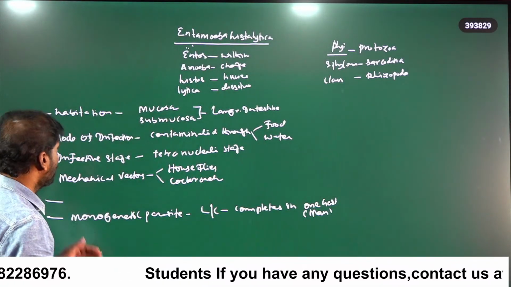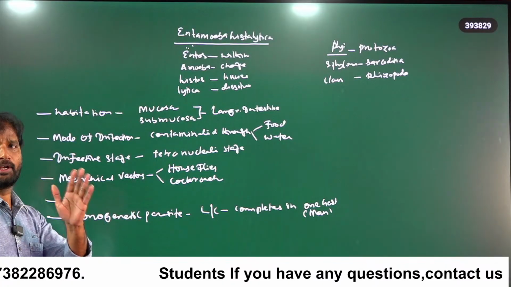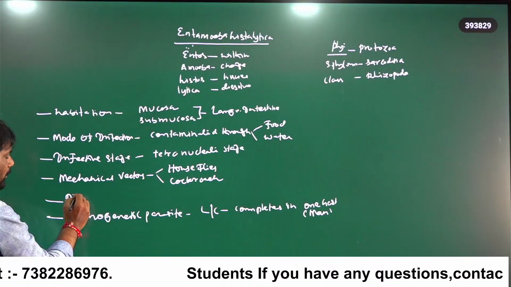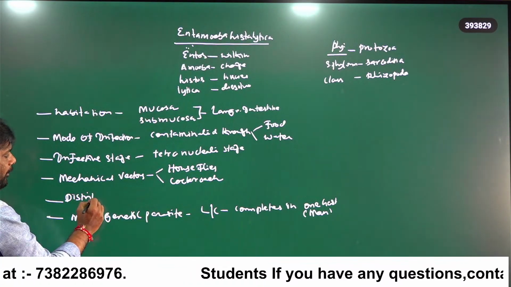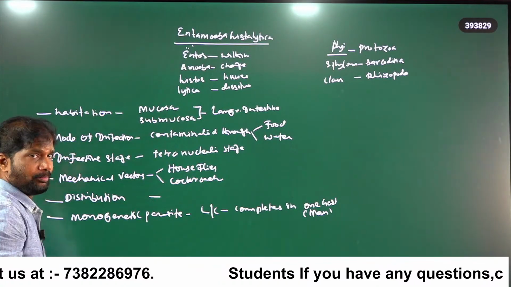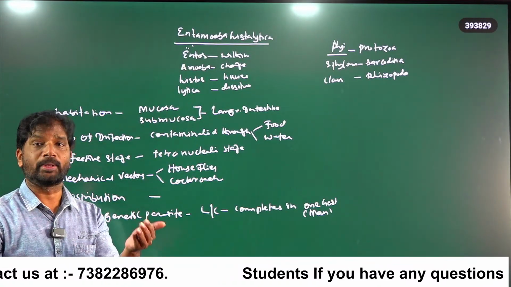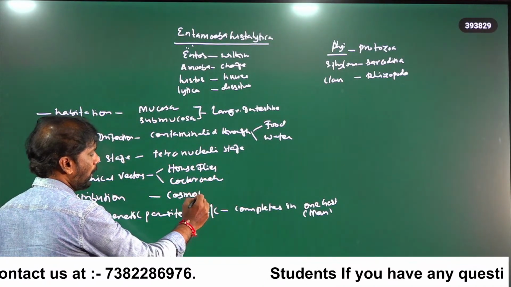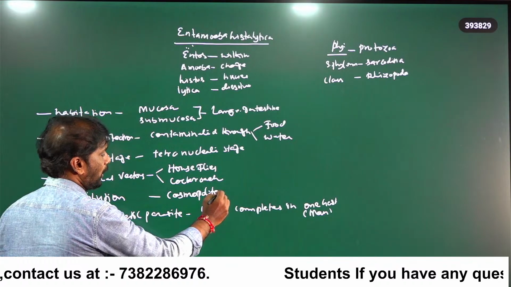Right now, where is it present? That is the distribution of the Entamoeba. Where is Entamoeba histolytica present, in which country will it appear? It exhibits cosmopolitan distribution.